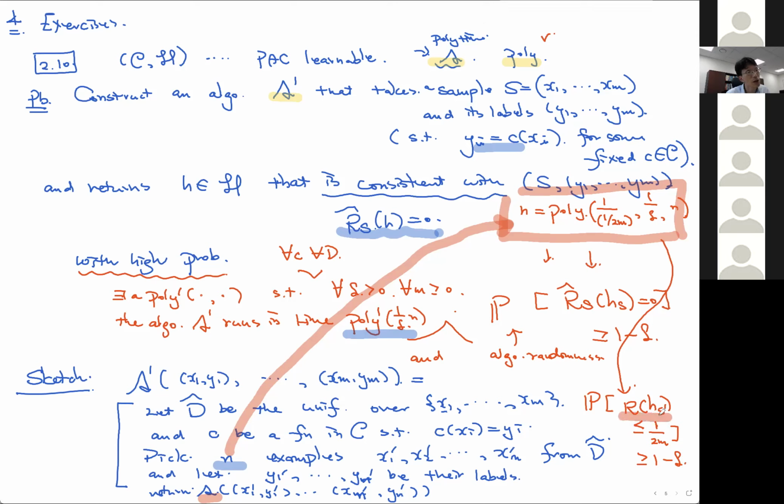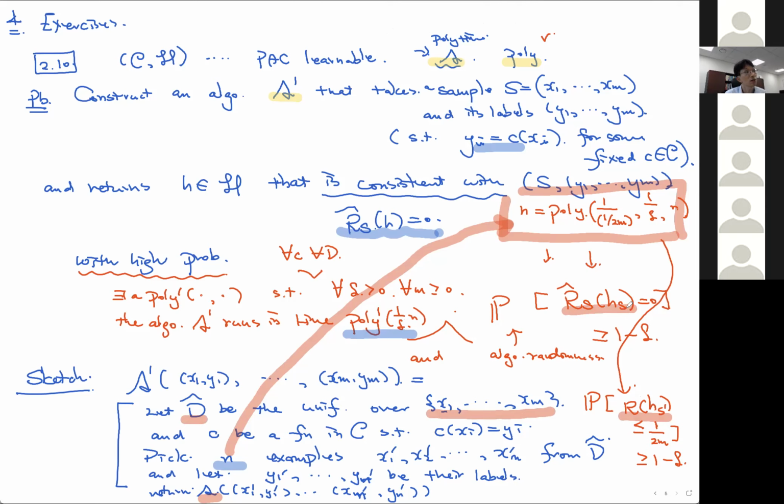Now this risk of h, h subscript S, is defined over the uniform distribution. So we have a uniform distribution, and we compute the error with respect to this uniform distribution D hat, which is exactly the same as the empirical error that we are talking about.